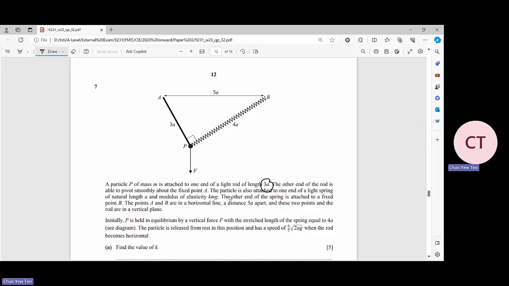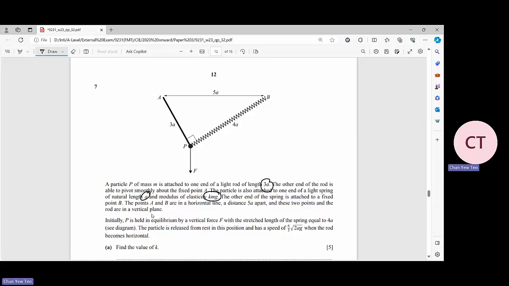The particle is also attached to one end of a light spring of natural length A and modulus of elasticity kmg. The length of the spring is A, only A. The other end of the spring is attached to a fixed point O. The points A and O are on the horizontal line, a distance of 5 meters apart.